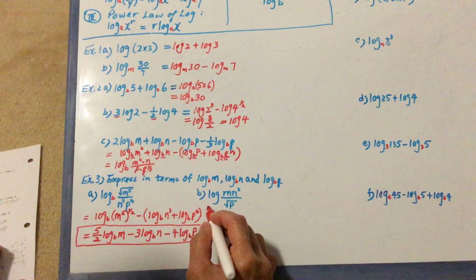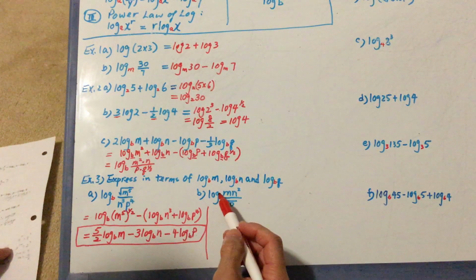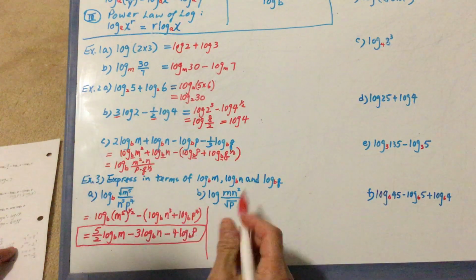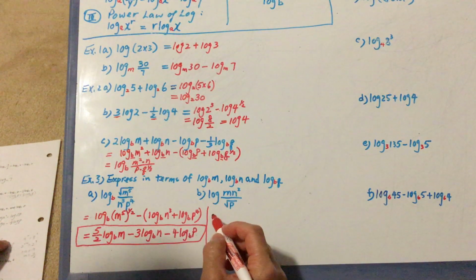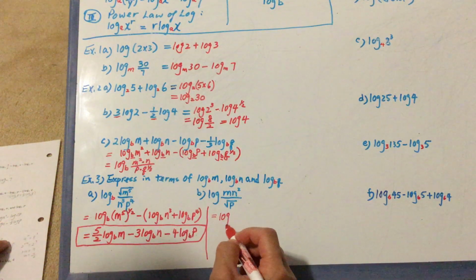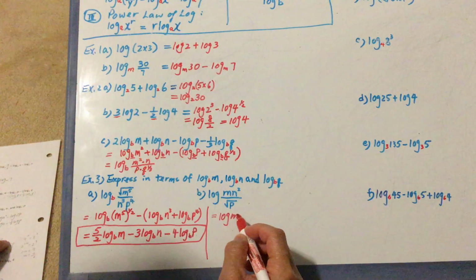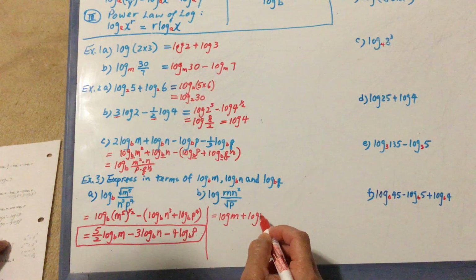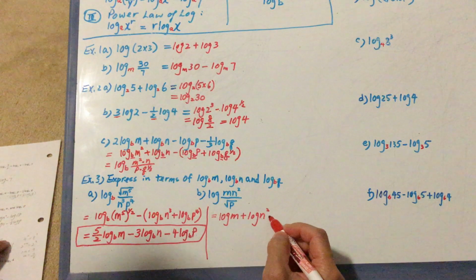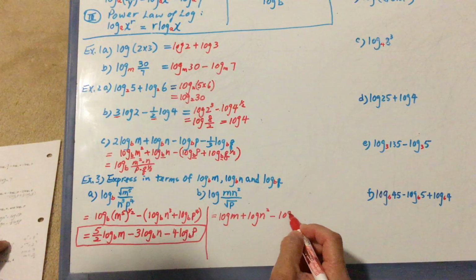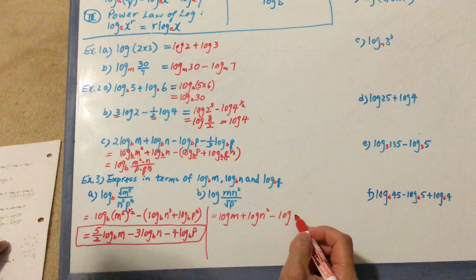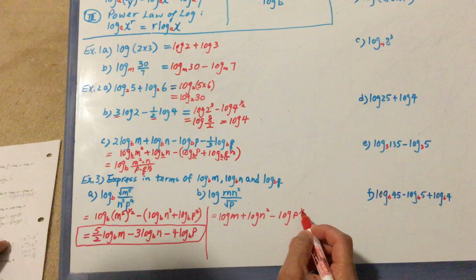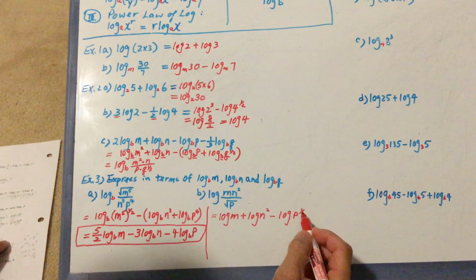Now let's try one more for the b. Again, this one has no base. You don't see any base numbers, so that means this is base 10. Okay? So when this is base 10, then you will have a log. And then you have an m times n squared, so that means it's adding another log with the base 10, but it's n squared. And then minus another log with the base 10, but here you have p to the power of a half, because the square root of p just means that.